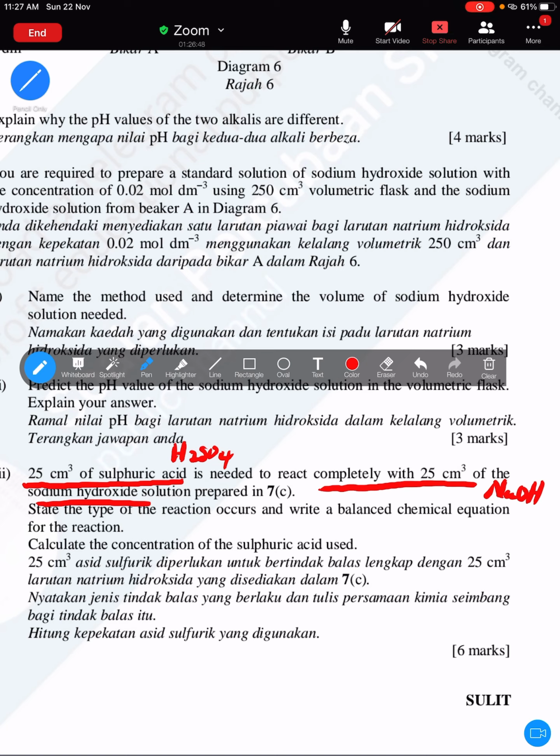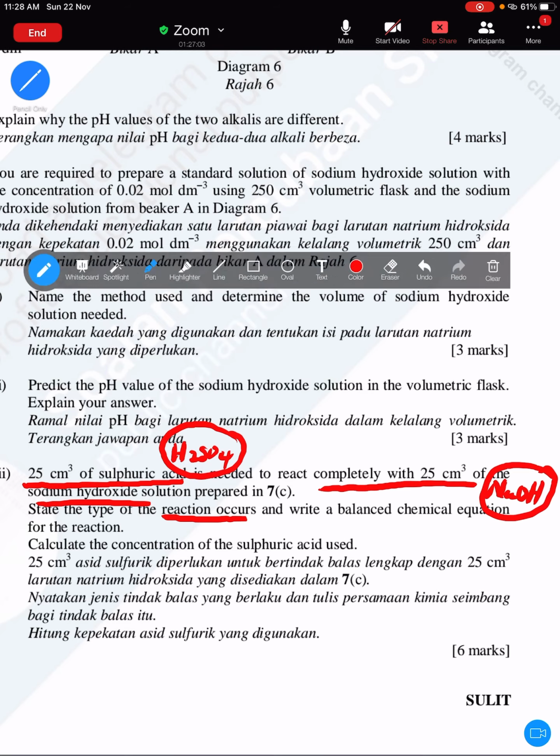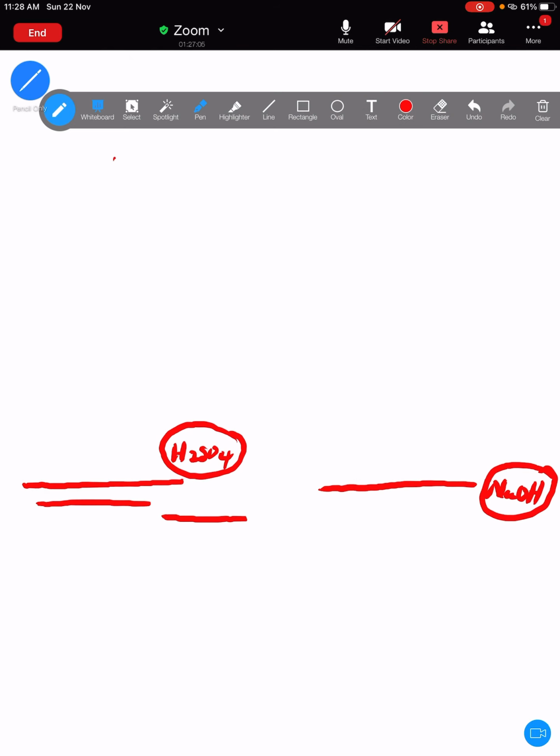State the type of reaction that occurs when you have an acid and you add an alkali. What is the name of the reaction? Tell me. Very good. It is a neutralization. Okay, this is already 1 mark.